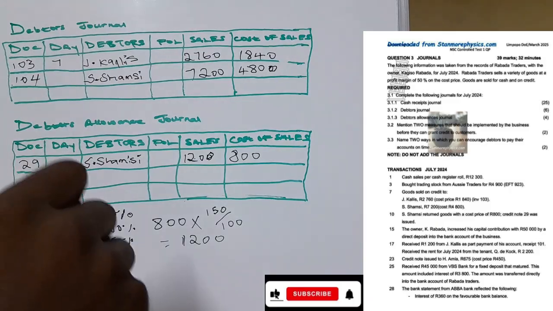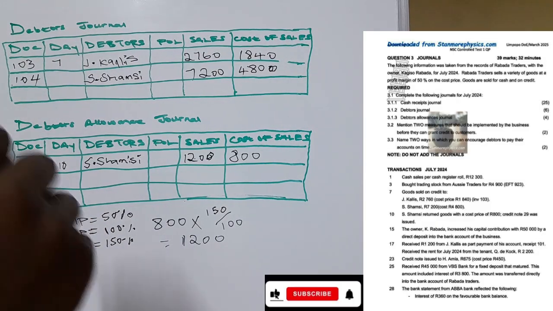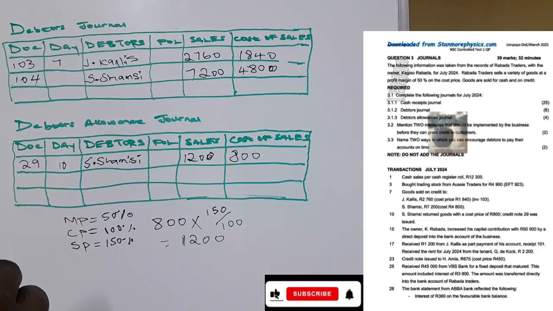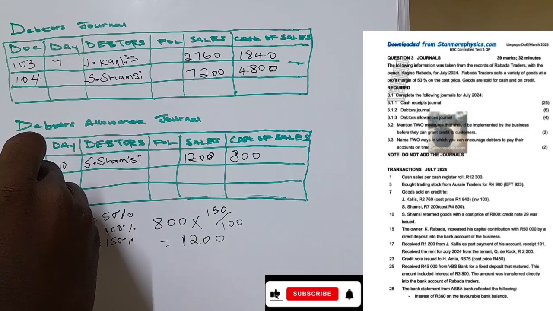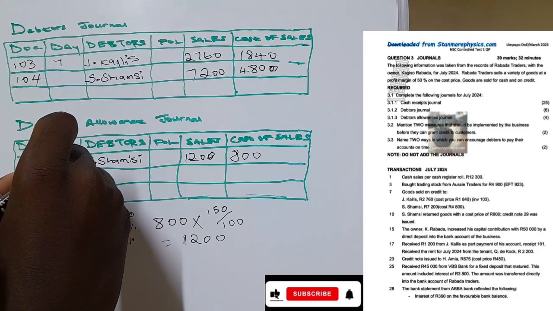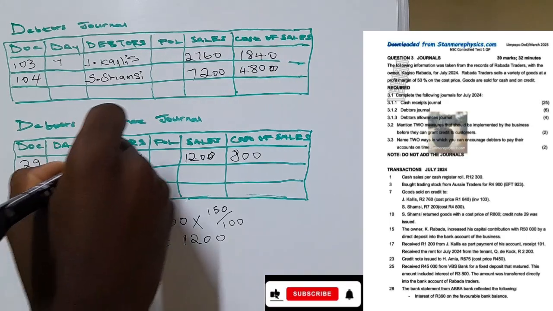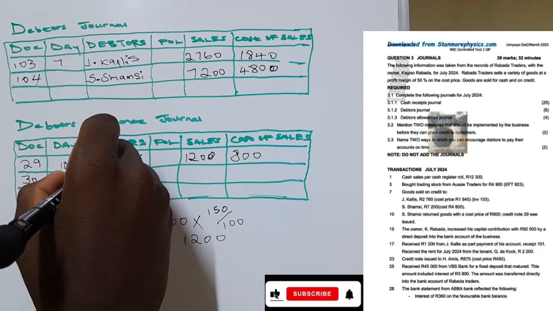And then it says credit note issued to H. Amla 675, which is sales. Then cost price is 450. Then our document number is going to be 30. Then the day it's 23. Then our debtor is H. Amla.